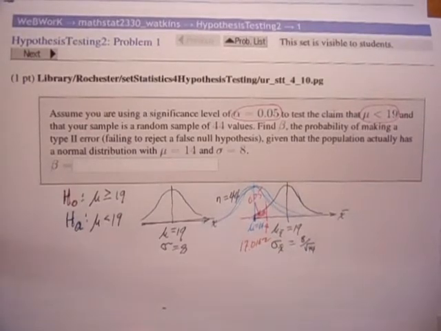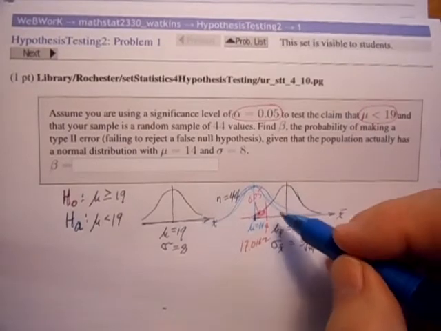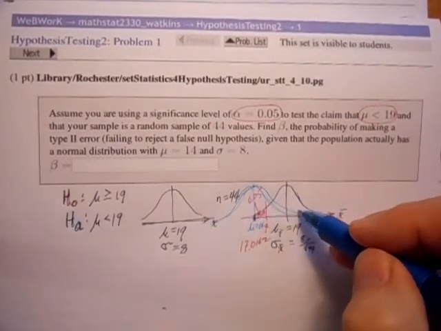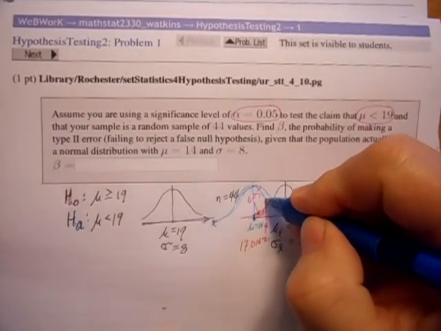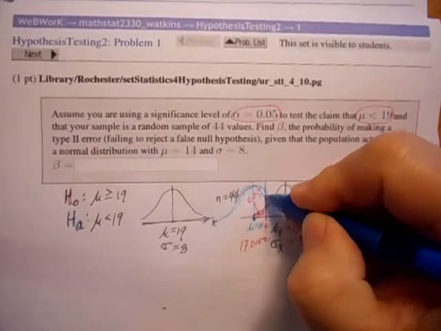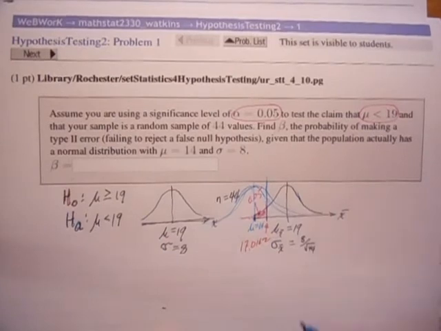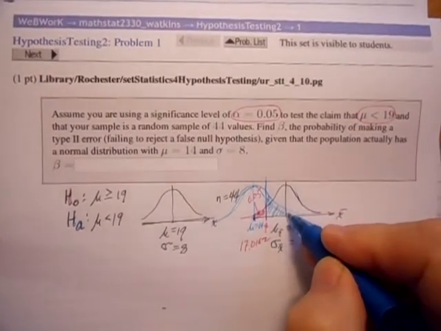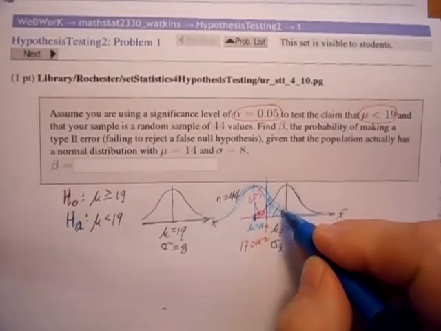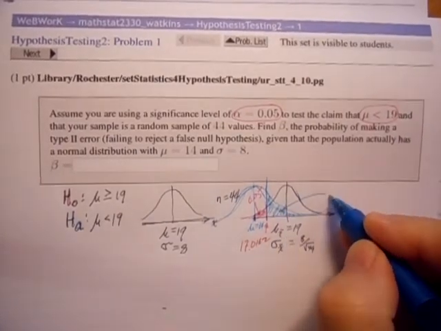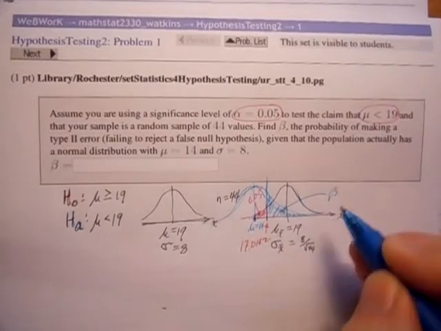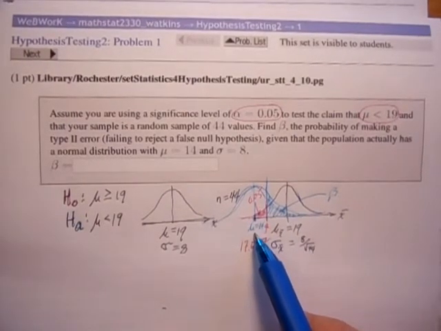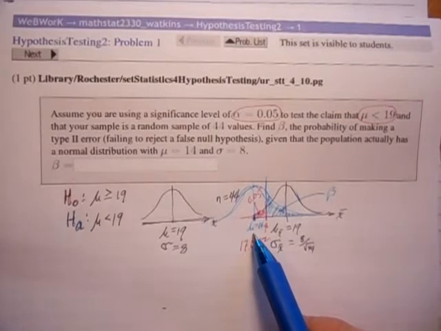And the question is, what's the probability of this being wrong, but us still accepting this probability? So here's the idea. We want to know this area right here. That's beta, the probability of making a type 2 error if the real mean was 14.